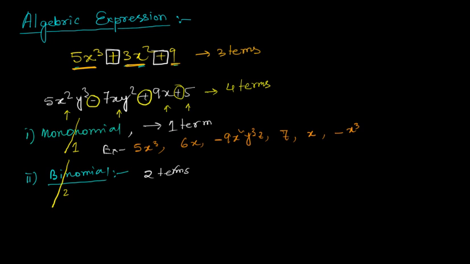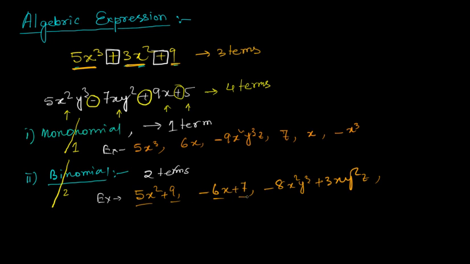So what will be the example? You can choose something like 5x squared plus 9, 6x plus 7, 8x squared y cubed plus 3xy squared z, and so on. All of them have only two terms, so it's a binomial.